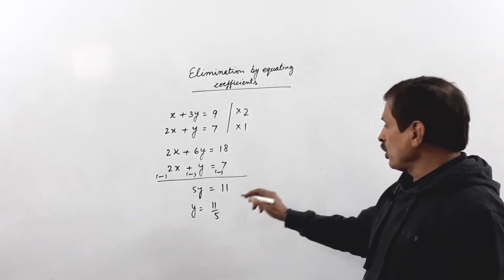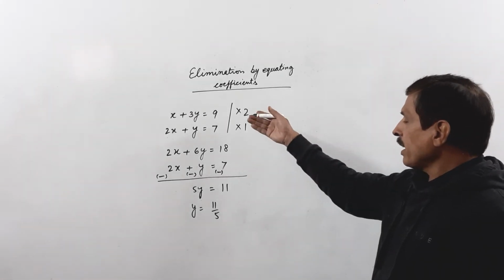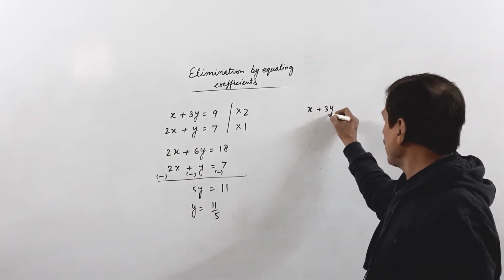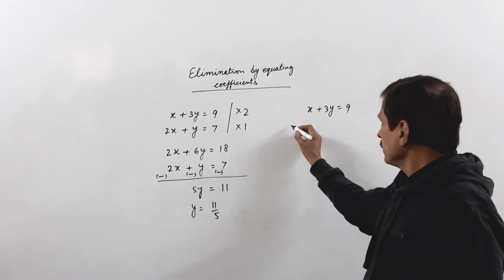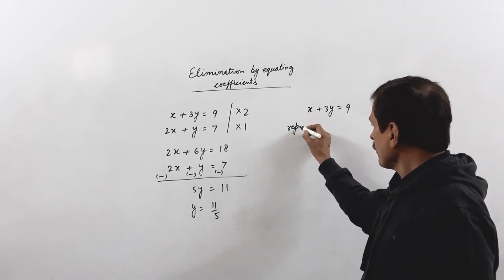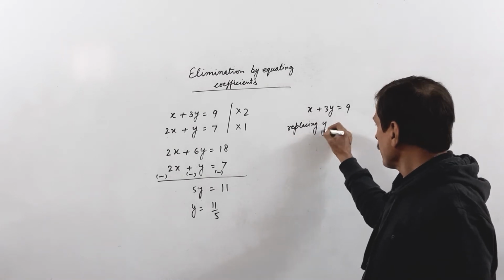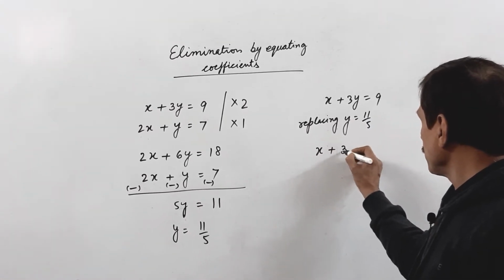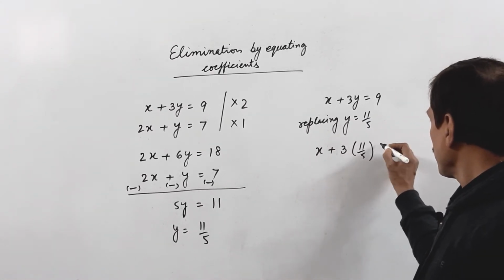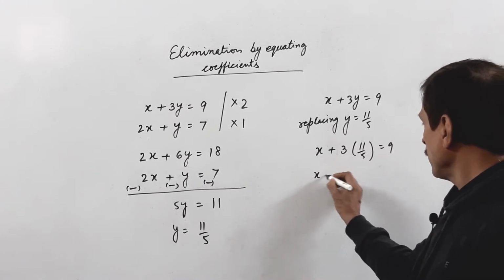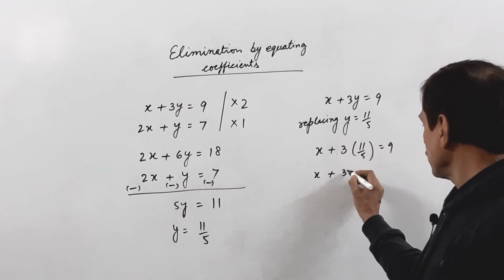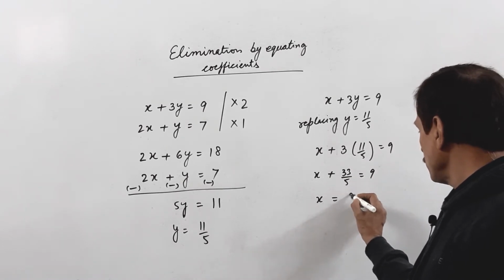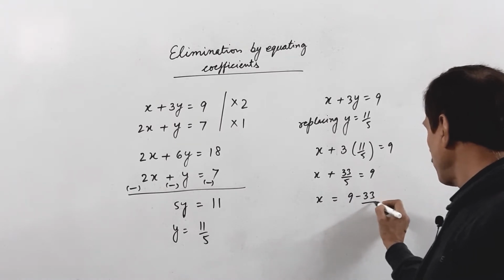Now we put the value of y in any of the equations. Here we have x plus 3y is equal to 9. Replacing y is equal to 11 upon 5, we have x plus 3 times 11 upon 5 is equal to 9, x plus 33 upon 5 equals 9, or x is equal to 9 minus 33 upon 5.